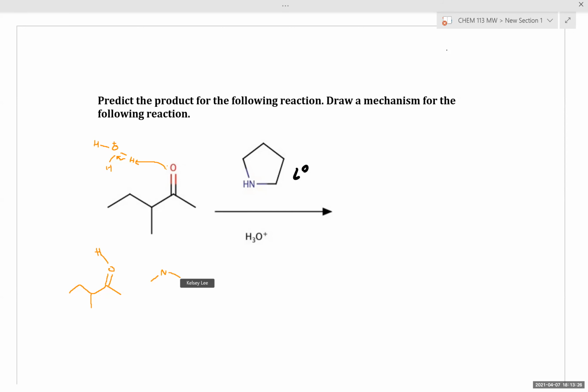And our electrophilic carbonyl carbon can then be attacked with a range of reasonable nucleophiles. So in this case, our amine will quickly attack the electrophilic carbonyl carbon, and we'd get a tetrahedral intermediate.